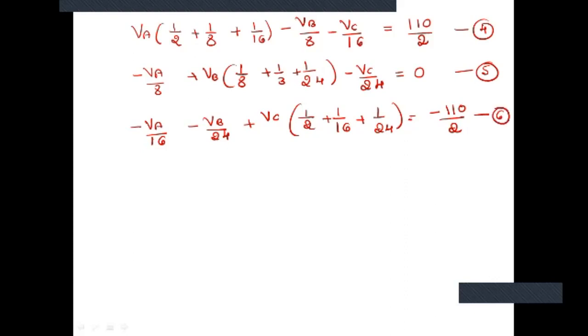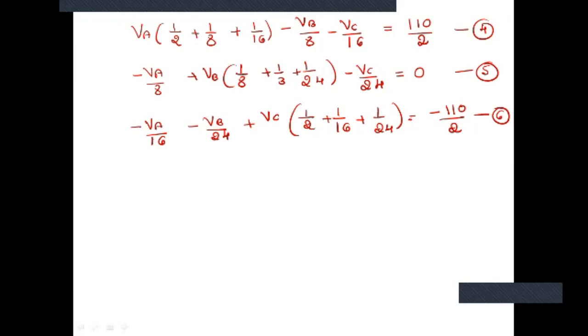Okay, now let's solve these using our calculator. I'm not going to do the addition of these fractions manually. Instead, I will be using my scientific calculator to directly solve these simultaneous linear equations and obtain VA, VB, VC.